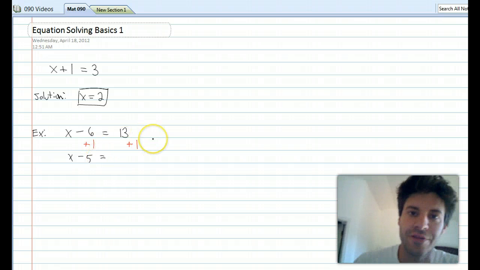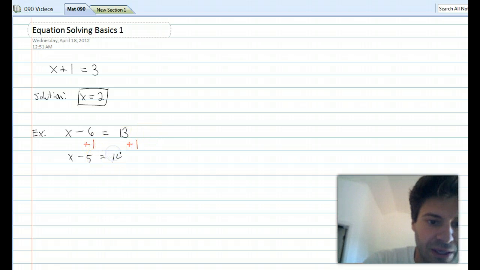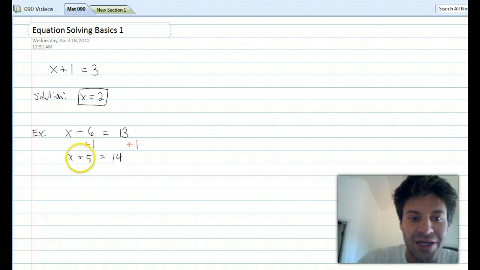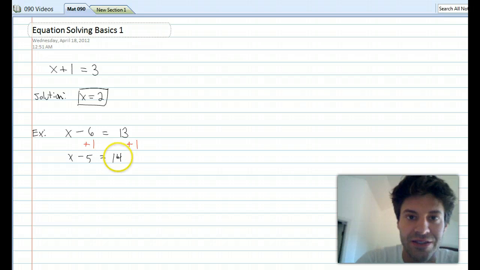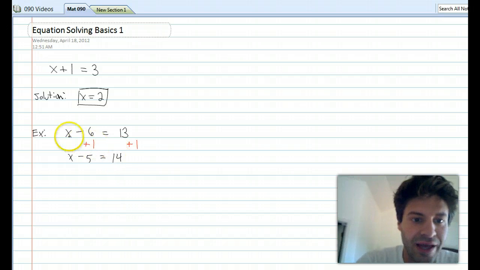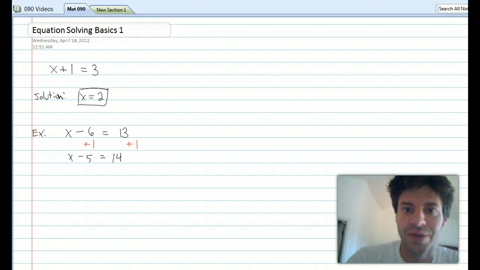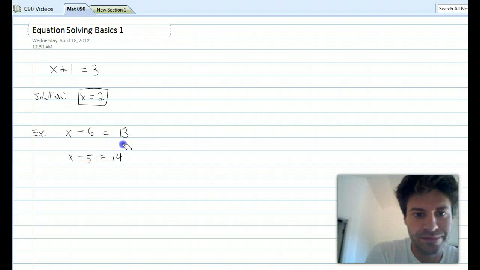On the right side, we just have 13 plus 1, which is just 14. So the equation x minus 5 equals 14 is the exact same equation as x minus 6 equals 13. We added 1 to both sides of the equation, and that's allowed. But there's no real reason why we would actually want to do that. So let's do something a little bit different, something that might be more helpful for us.